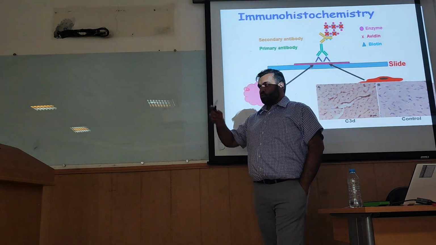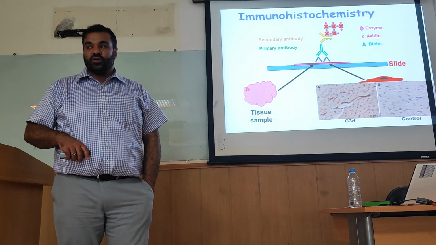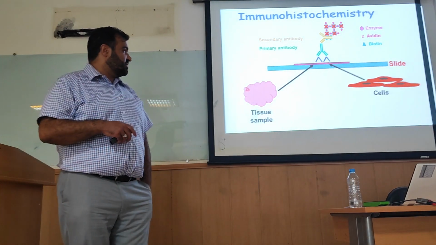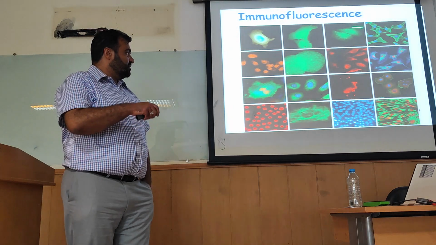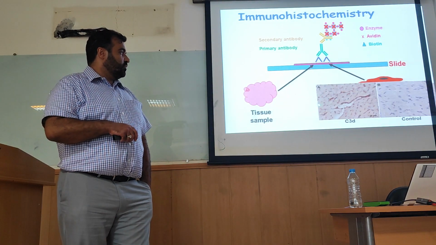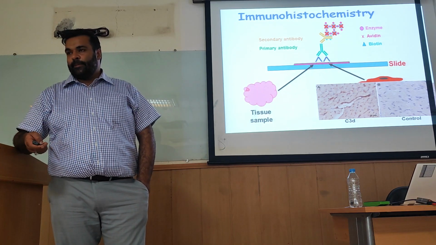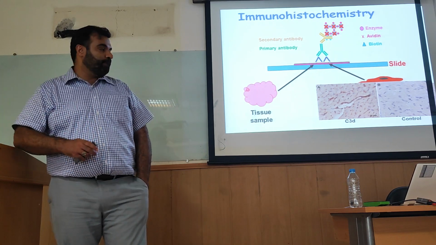And using a normal light microscope, we can take this picture. Not fluorescence. Fluorescence is the previous one. So this is fluorescence, this is a normal light microscope, but it uses enzymes similar to ELISA. It changes color.